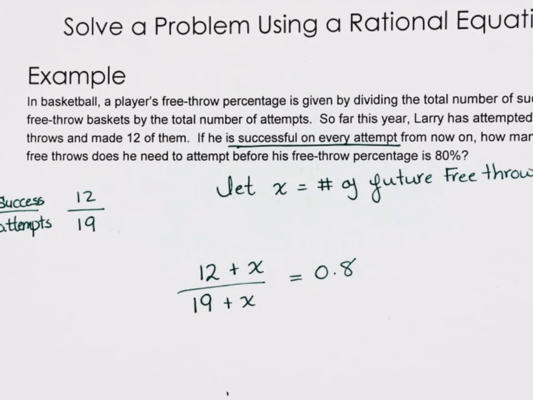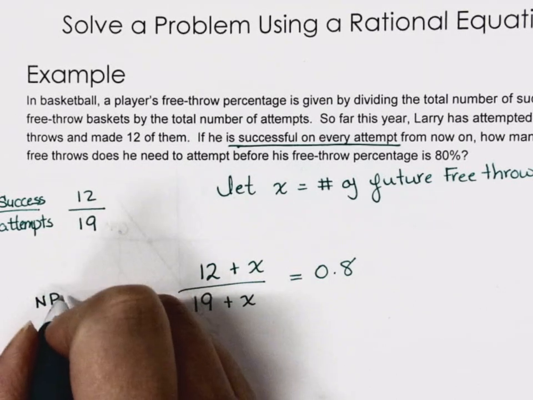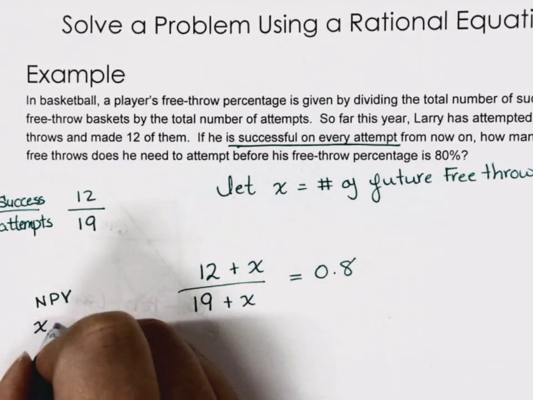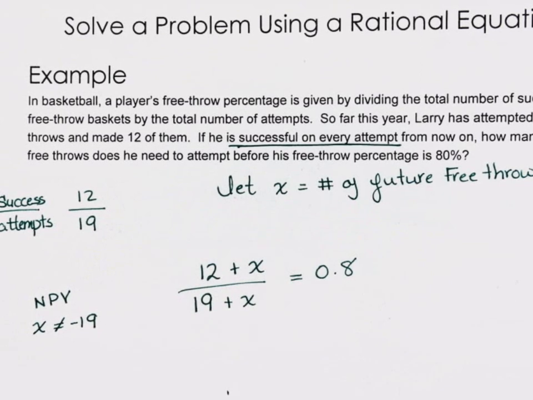Can we solve? Now we can solve. Now it's no big deal, right? So take what you know and then try to add in the pieces that you don't. So step 1, factor everything. That's already done. Step 2, non-permissible values. That makes sense.